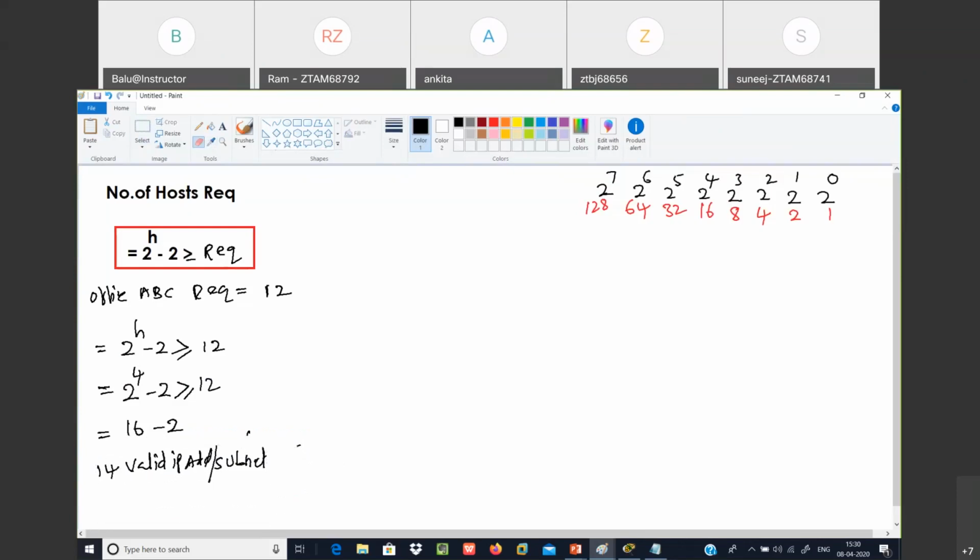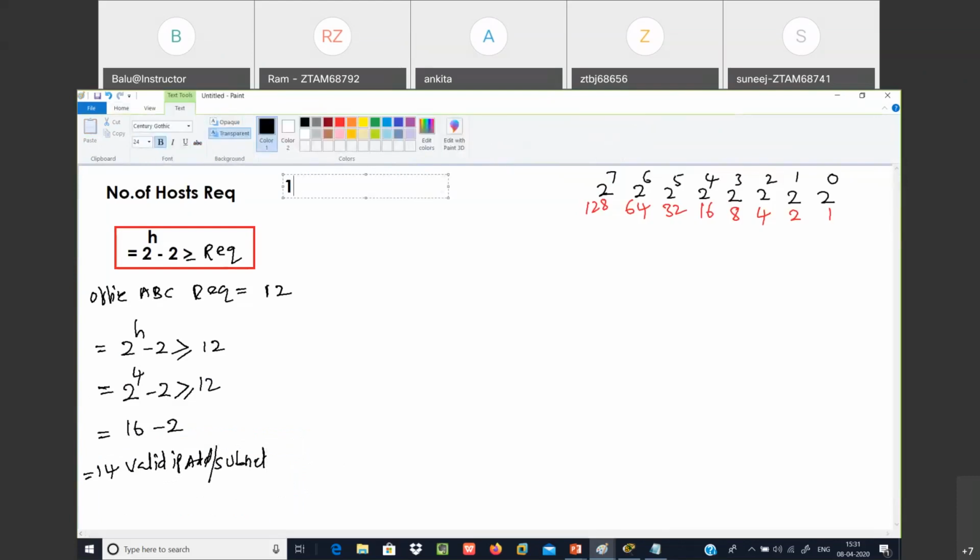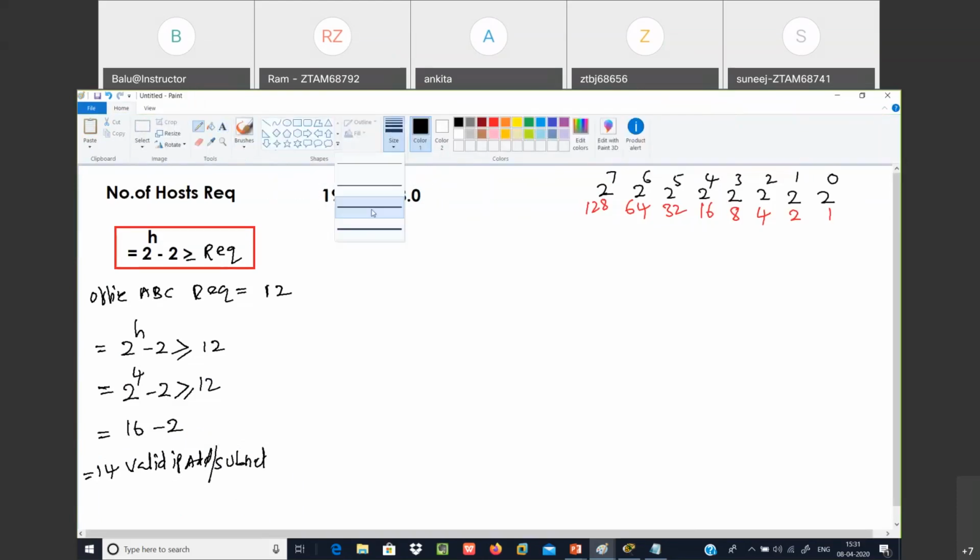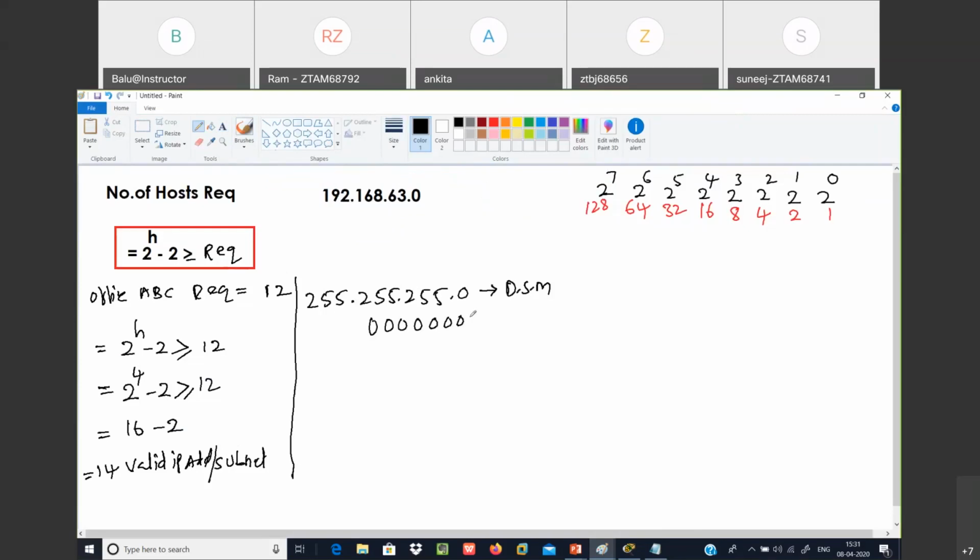The first step is done. Next one. Now let me take our base example, 192.168.63.0, with 255.255.255.0 as the default subnet mask. 1, 2, 3, 4, 5, 6, 7, 8.